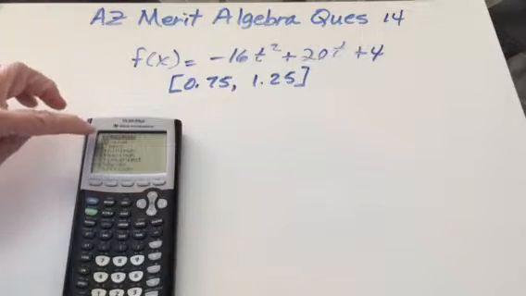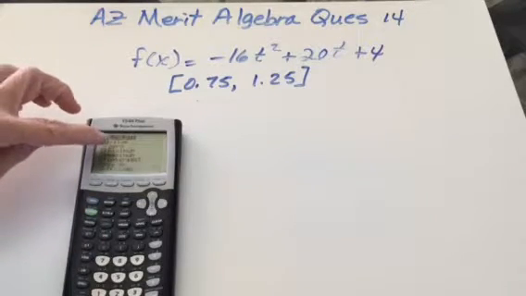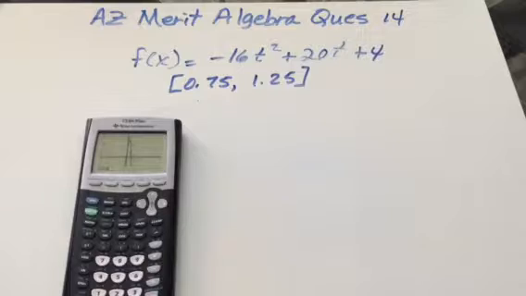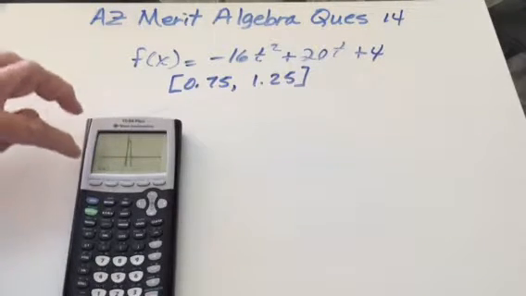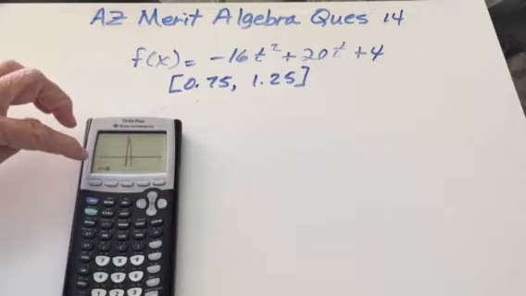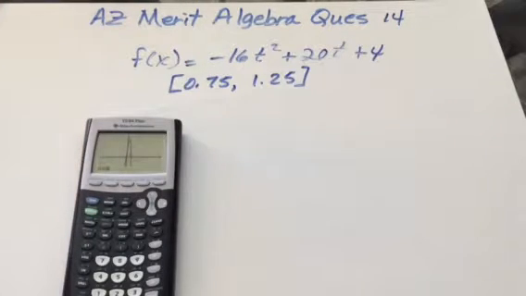Then just click on enter because it says the value. Now it wants you to tell it what the x is. Well, the x is 0.75. Now I'm going to push enter, and it's going to tell me what the y is.